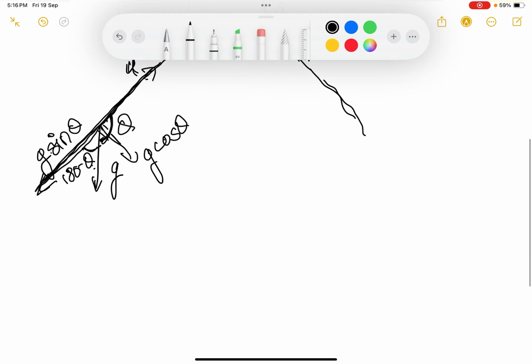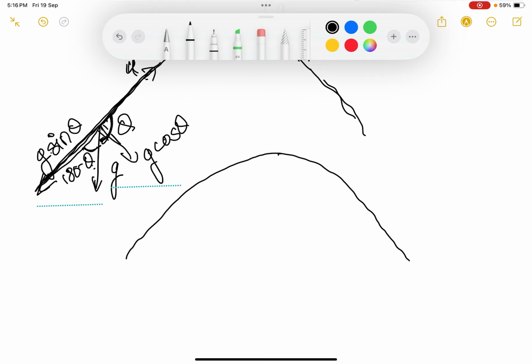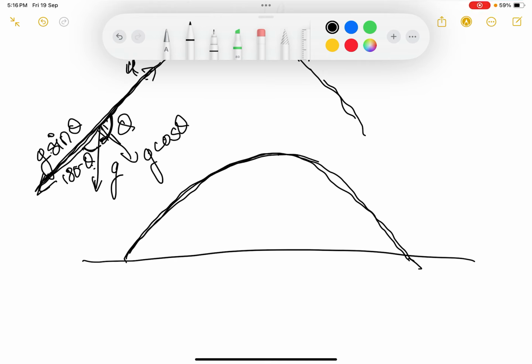This type of motion is known as projectile motion. You have seen when we throw the ball, it goes like this. The ball will go up, then it will go down. So this type of motion is known as projectile motion, and in this we are going to study the following things.